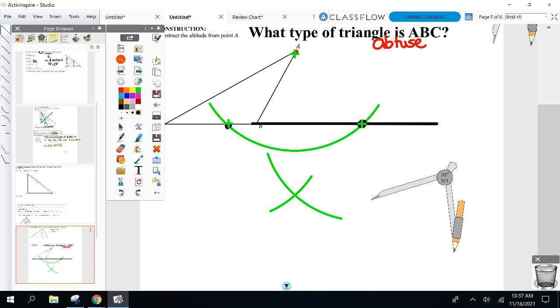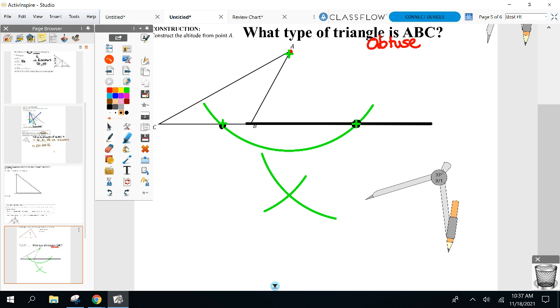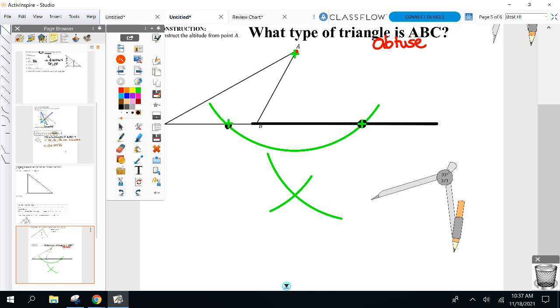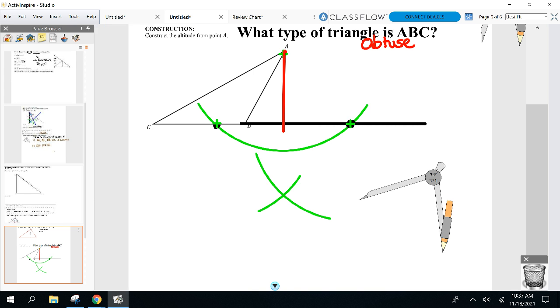And then go ahead, draw your altitude in. You can stop it at BC. You can continue through the arc. It doesn't matter. It's up to you, but we'll keep it right there.